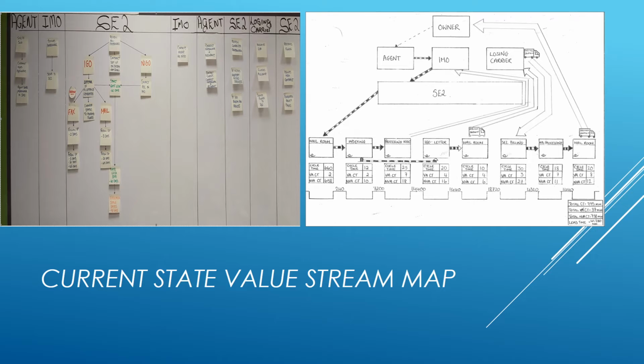By right, the IMO should have scrubbed the data at this stage prior to sending it to SE2. SE2 mailroom will take it in, they'll index it, and depending on the initial review, the first scrub, as we spoke about earlier, or the second scrub, apologies for my correction, we will determine which path we will go down. Is this an IGO, in good order application, or is this a NIGO?